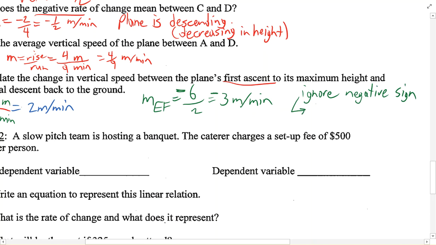So ignore the negative sign, and the difference is 1 meter per minute. Okay, so it's descending 1 meter per minute faster. We got to ignore the negative sign because the negative sign is just telling us whether we're going up or down. And that's a little bit of a weird part. All right. Any questions?